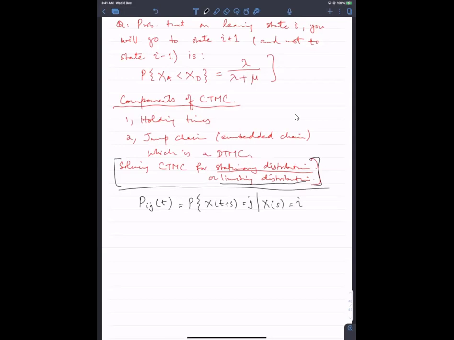So ये देखेंगे x of s है, ये x of t plus s है. So time difference दोनों के बीच में कितना है? t units का, and that t units is here. So in t units you transition from state i to state j. I define this to be equal to capital Pijt.